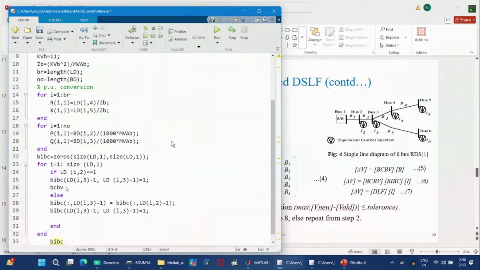But when we go on to the BCBV matrix, we have to calculate the impedance value, because that is related with whatever the impedance is over there.